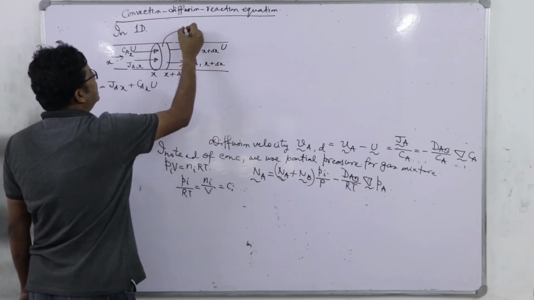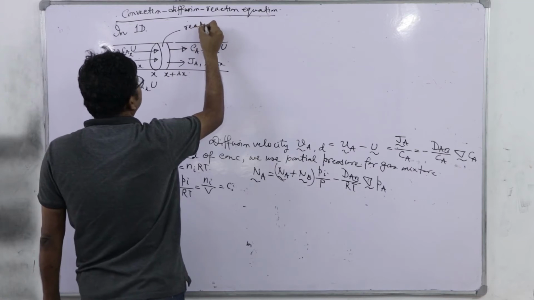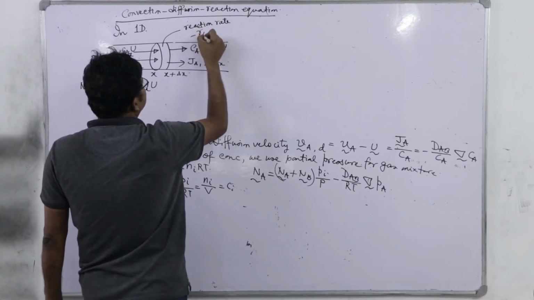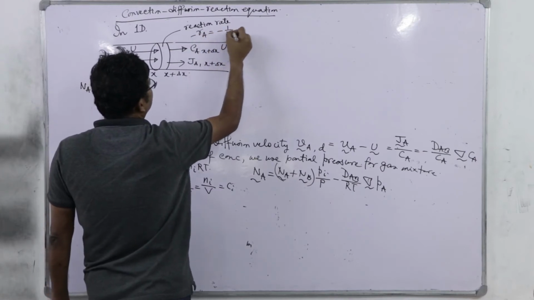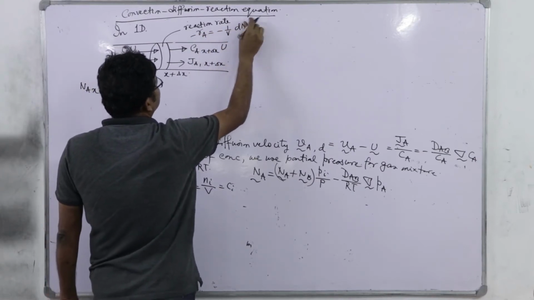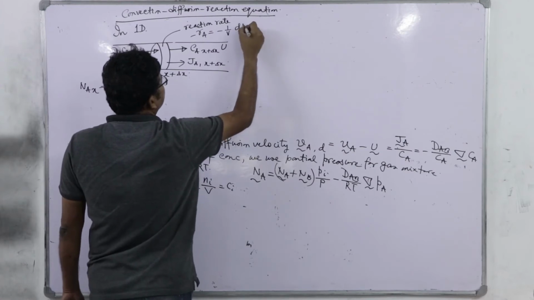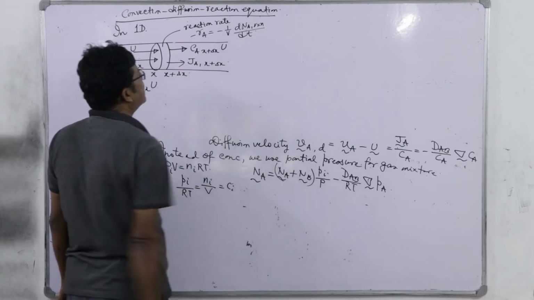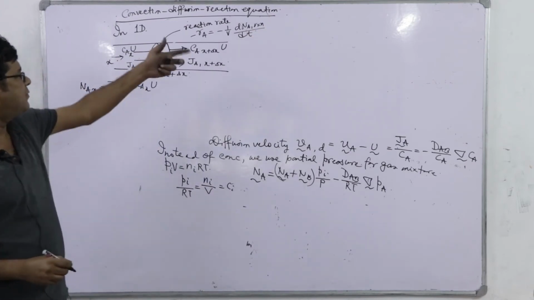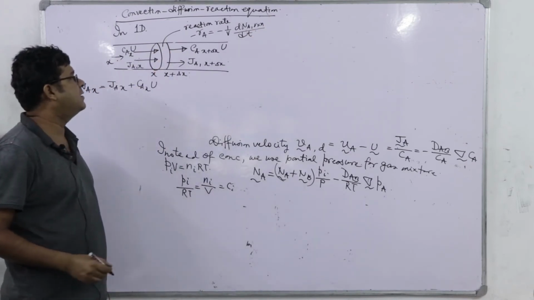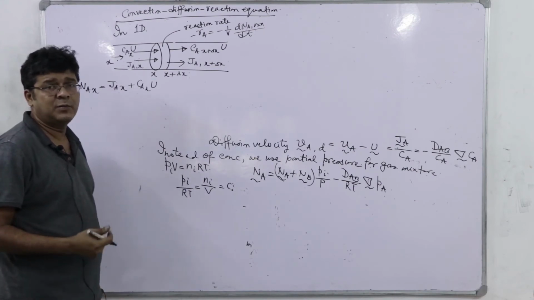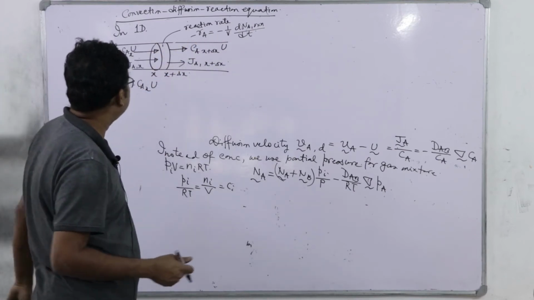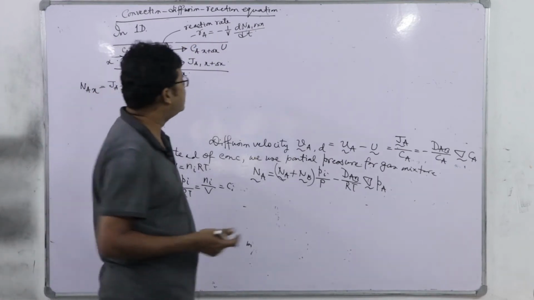And let us say the reaction rate minus Ra, which is defined as minus of 1 by V d, let us say Na reaction dt, right. Rate of consumption of component A by the reaction per unit volume of the reactants. So, that is the volume, V is this, okay. So, we will write a balance equation over here.